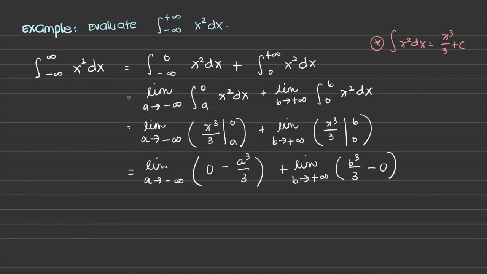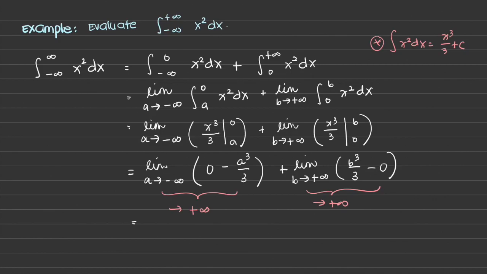So, dun sa first term, saan pupunta yan? Pupunta yan sa, yung a cubed pupuntang negative infinity kasi a goes to negative infinity pero times negative 1. So, this whole thing goes to positive infinity. And then, yung second term, b cubed, as b approaches positive infinity, the whole thing will go to positive infinity. So, you have something na pupunta ng positive infinity and something na pupunta ng positive infinity.